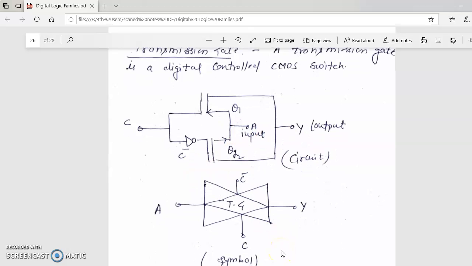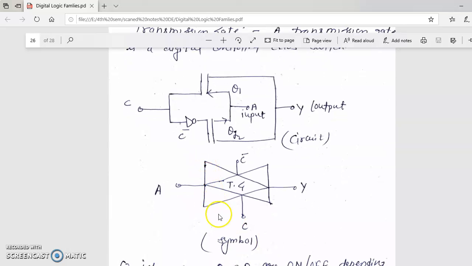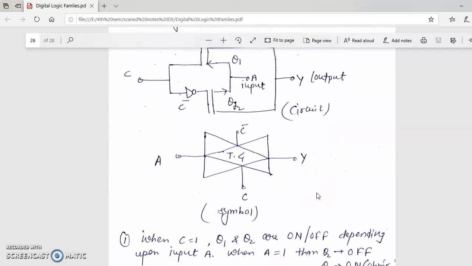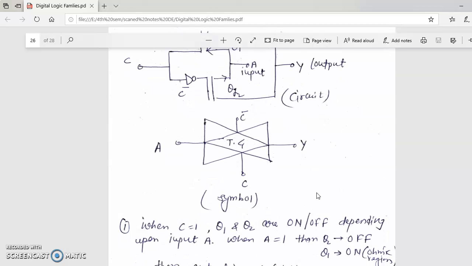This is the symbol of the transmission gate, with C bar and C, where A is the input and Y is the output. Students, please remember the transmission gate because it is based on CMOS, and we have the CMOS topic in our syllabus.